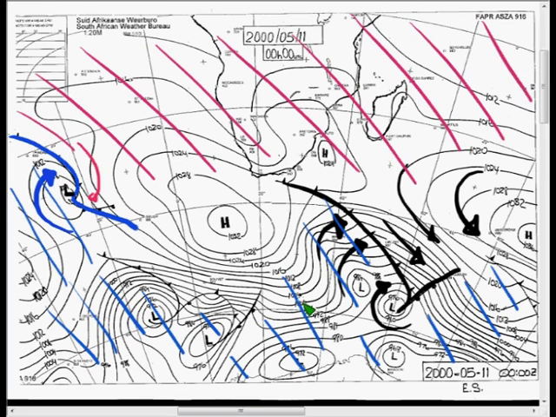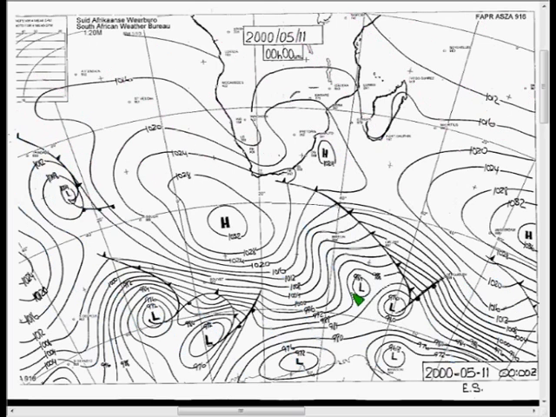So these mid-latitude cyclones develop along the polar front, which is the boundary between this polar and tropical air. Not always clearly defined, but nevertheless this boundary exists, and it's along this boundary that these mid-latitude cyclones develop.